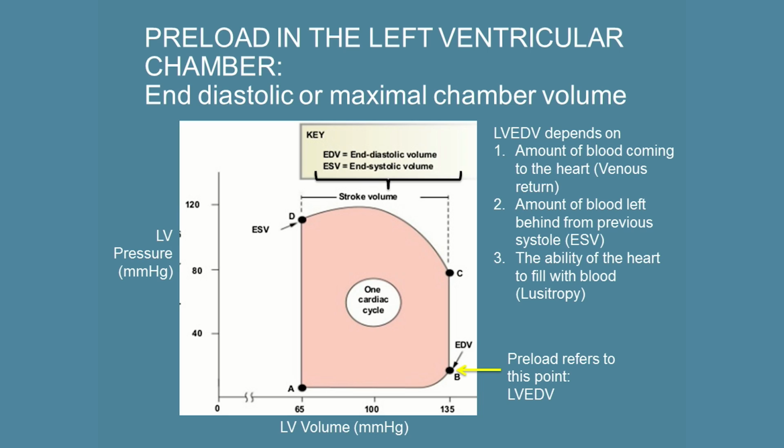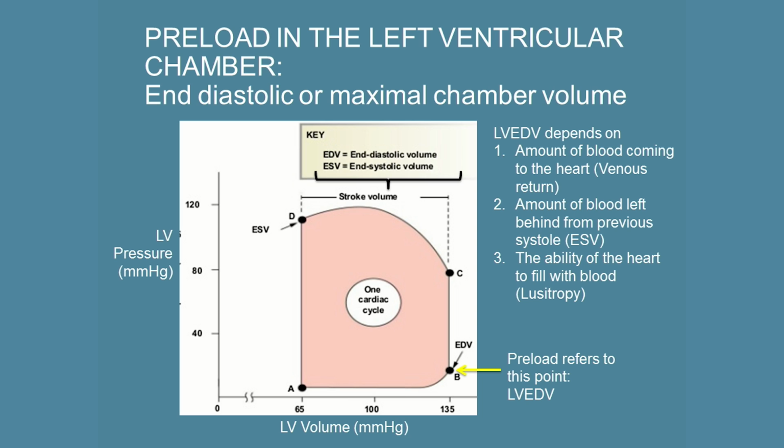As we reviewed in the previous module, in the healthy heart, the end diastolic or maximal chamber volume is this point, the lower right-hand corner of the loop, and preload refers to this point, which is also measured as the left ventricular end diastolic volume. The left ventricular end diastolic volume depends on the amount of blood that comes back to the heart, so it depends on venous return.